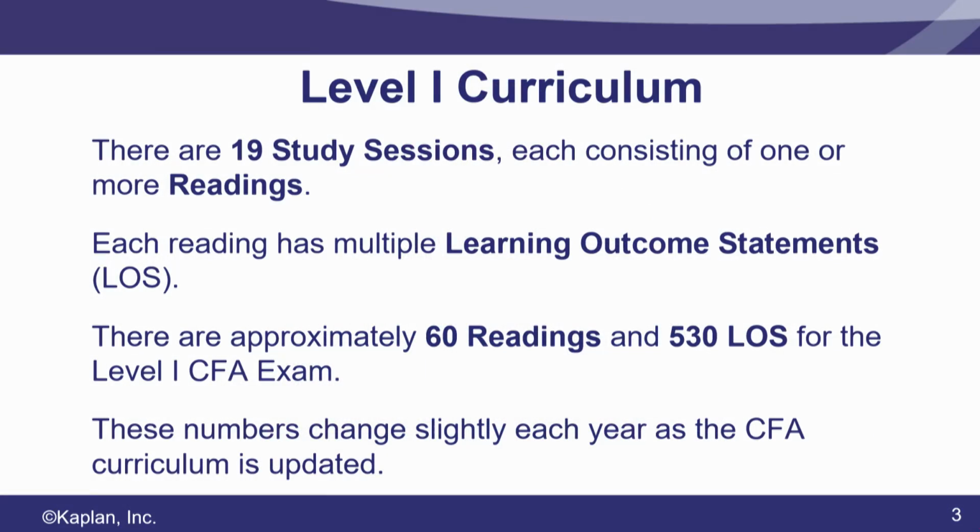So each of these learning outcome statements is a specific thing that you're supposed to know, or a skill you're supposed to have, be able to calculate covariance from historical data, something like this. So overall, there's about 60 readings and 530 learning outcome statements for the Level 1 CFA exam. These numbers change a little bit from year to year, but that's a good estimate right there.